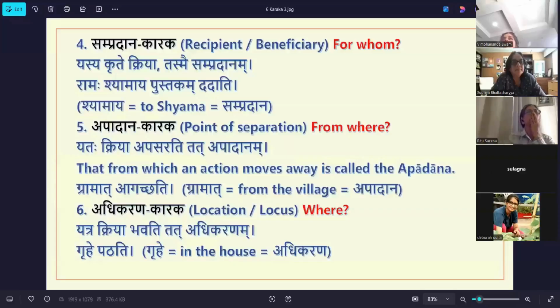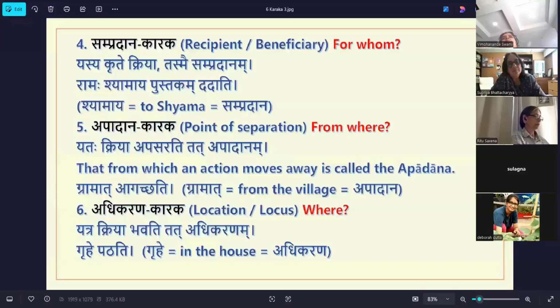It belongs to me. Possession. Here there is no action involved. So although there are 8 vibhaktis, including Sambodhana, there are only 6 karakas. So 6 karakas help in action. Other 2 are not helping in action.